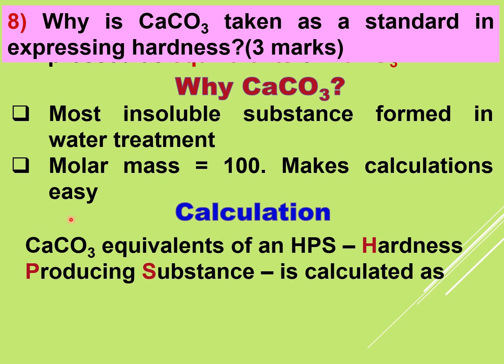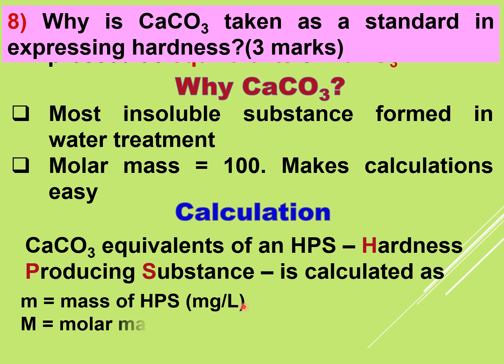We want to find out the calcium carbonate equivalence of this hardness producing substance. Then the formula: suppose that small m is the mass or the concentration of the hardness producing substance in milligram per liter, and capital M is the molar mass of this hardness producing substance.